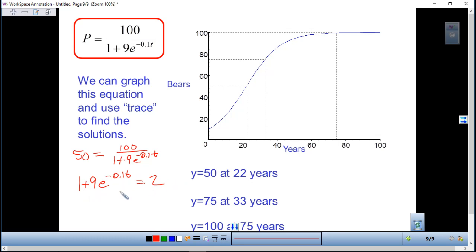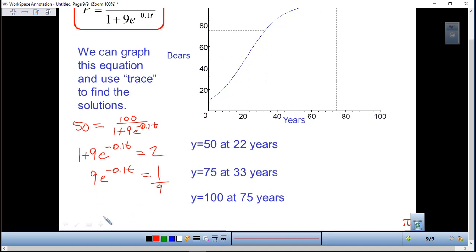Then, of course, you can subtract 1 from both sides, and 9e to the negative 0.1t is going to equal 1. Divide both sides by 9. And e to the negative 0.1t is going to equal 1/9.